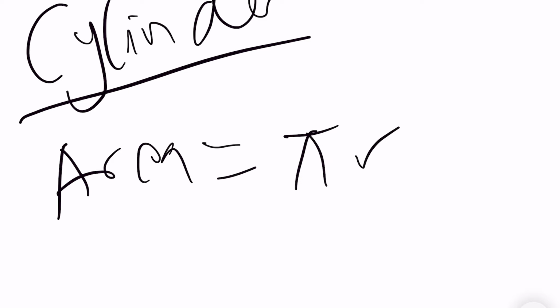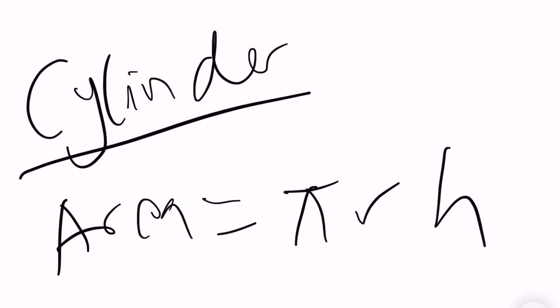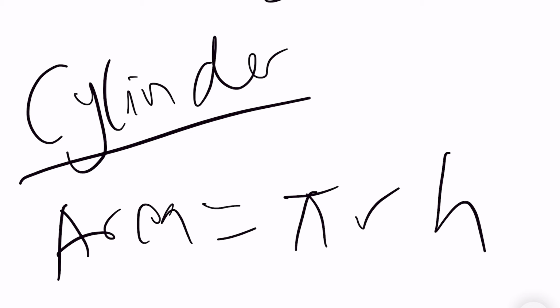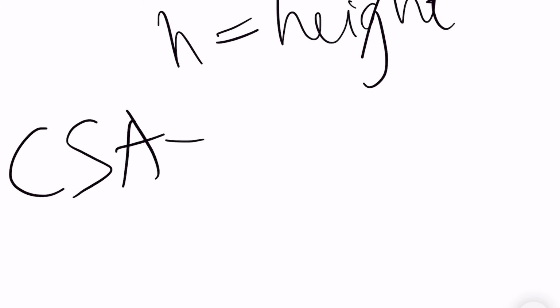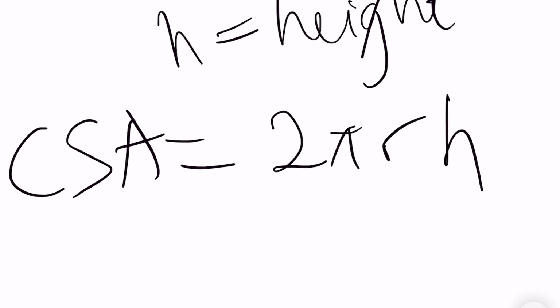Now, for a cylinder, we have the area to be pi RH, in which R is the radius and H is the height. Then for the curved surface area, we have 2 pi RH.